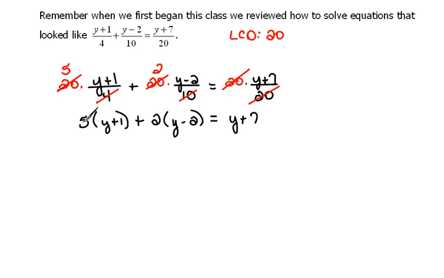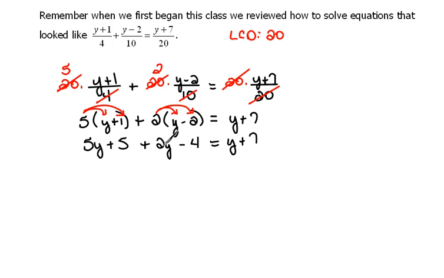So the first thing we're going to do is distribute our 5 and distribute our 2. So we'll have 5y + 5 + 2y - 4 = y + 7. Now we can collect our like terms on each side.